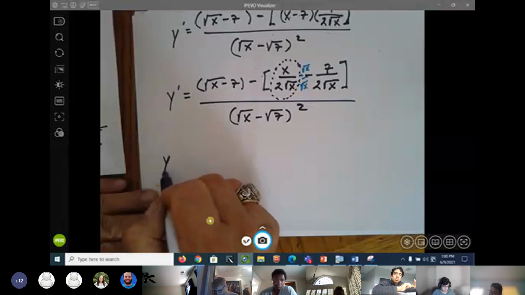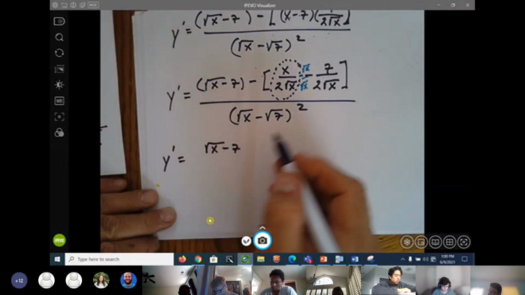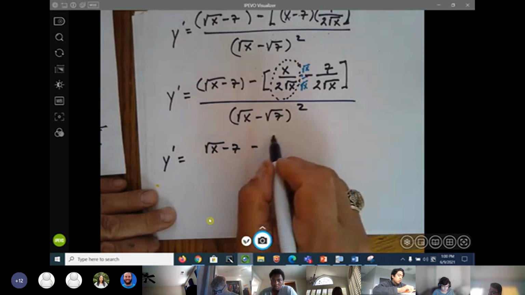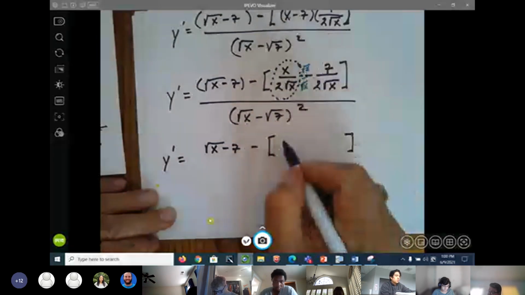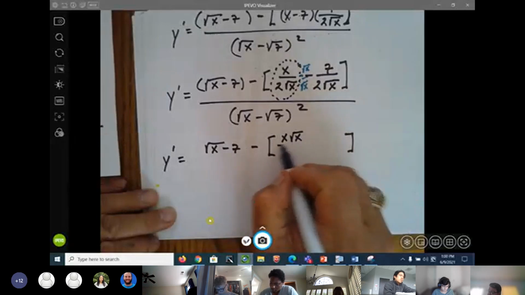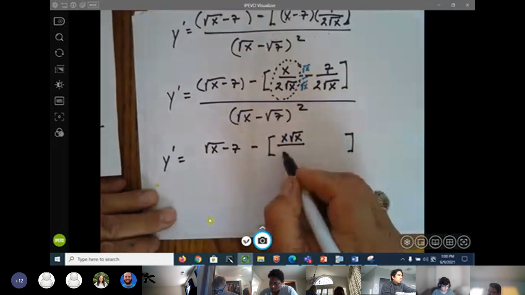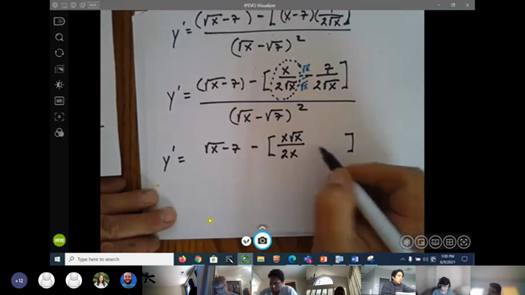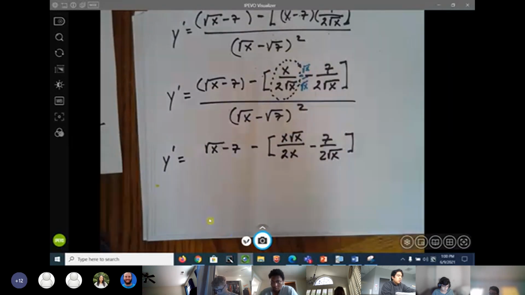And y prime is equal to the square root of x minus 7 minus, and I'm going to leave it in brackets, that's going to be x times the square root of x over 2 square root of x, which is x, minus 7 over 2 square root of x. And y'all see those x's cancel.